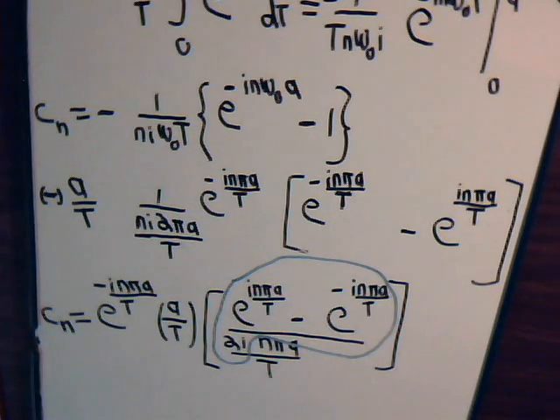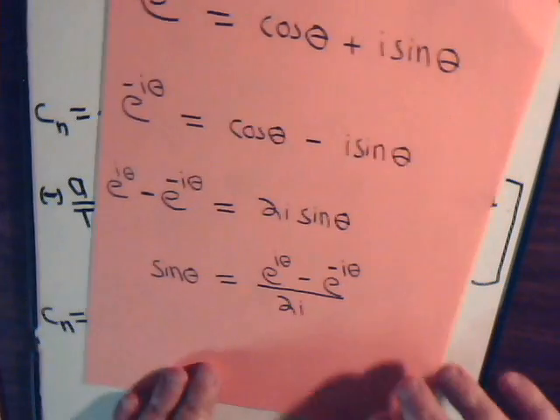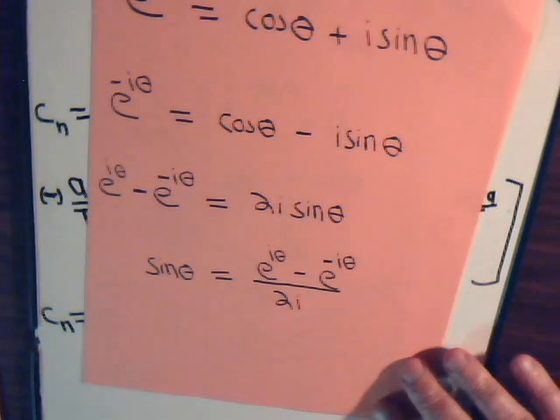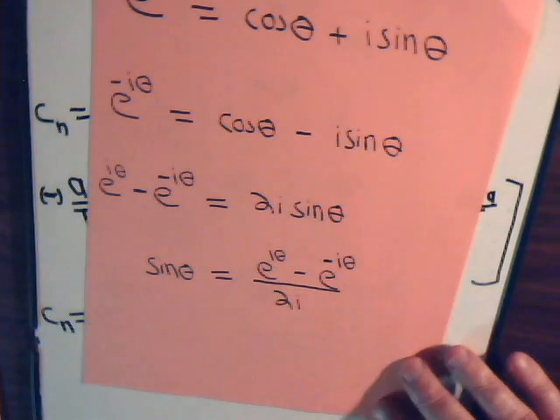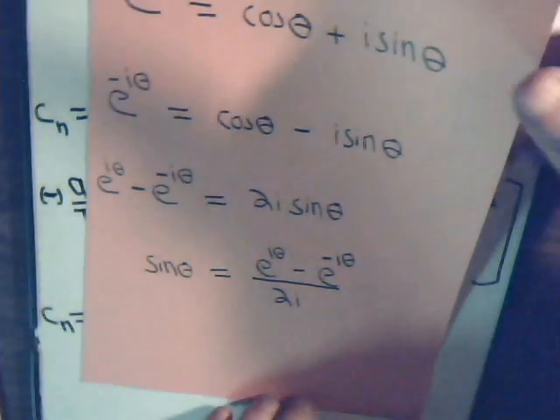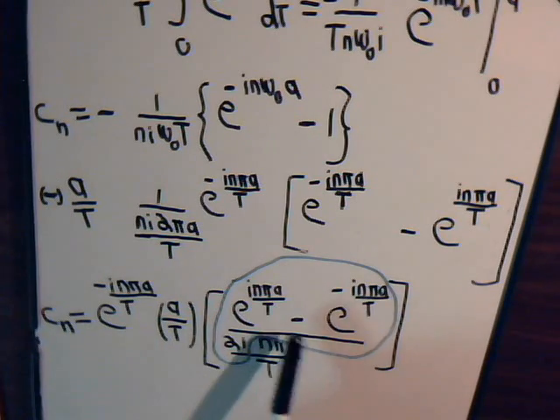This is the same form as this expression right here, e to the i theta minus e to the minus i theta divided by 2i. This minus this to the negative exponent divided by 2i.